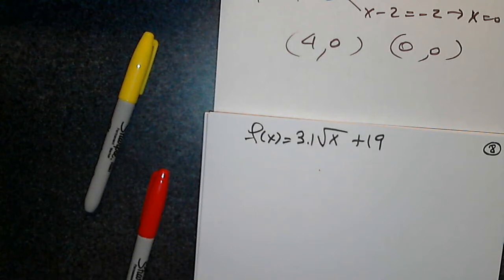So now what do I plug in? Okay, so I put 3.1 times the square root of x plus 19. So now I want second and table.